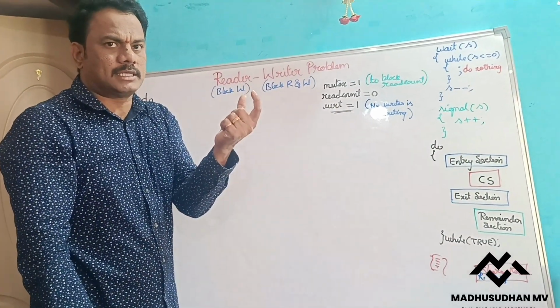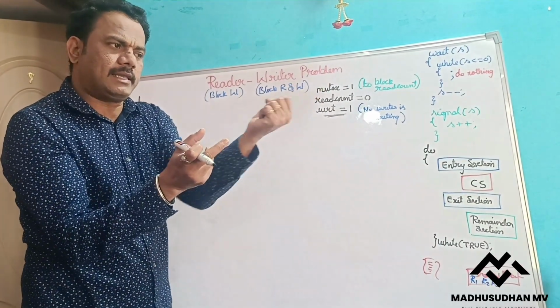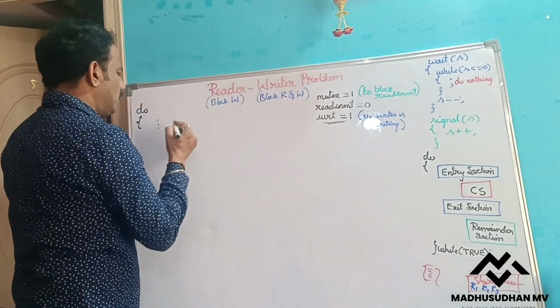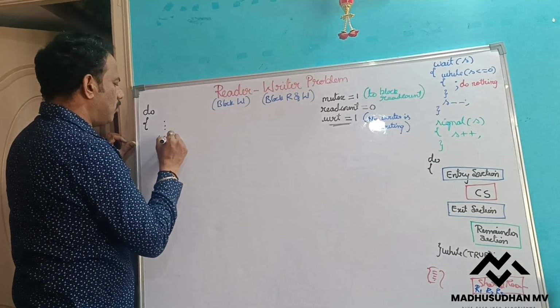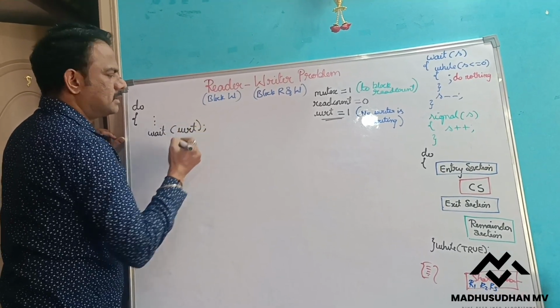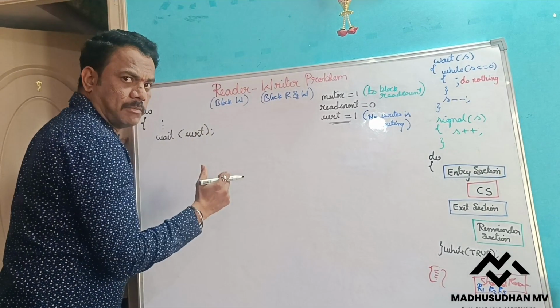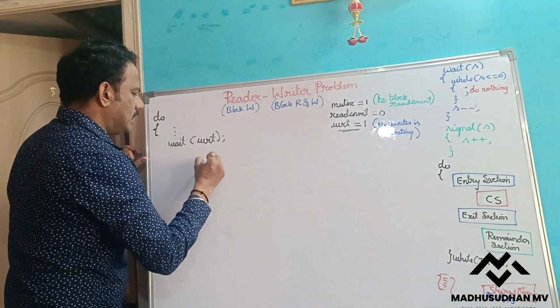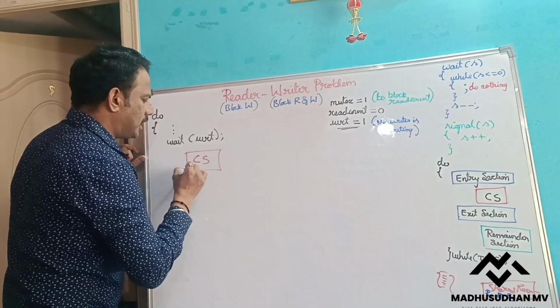Whenever a writer process wants to enter, it should get exclusive access through this lock semaphore. So it will call wait(WRT).